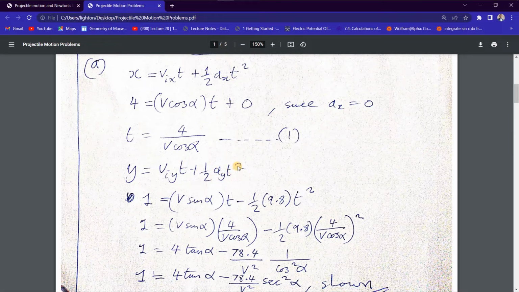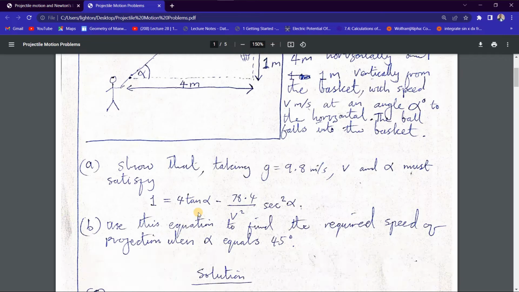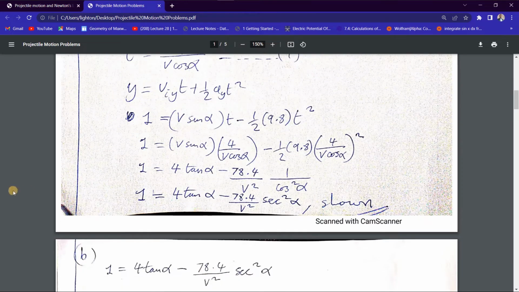The y component of displacement has a size of 1 meter. That's why it's been placed with the 1 there, is equal to viy.